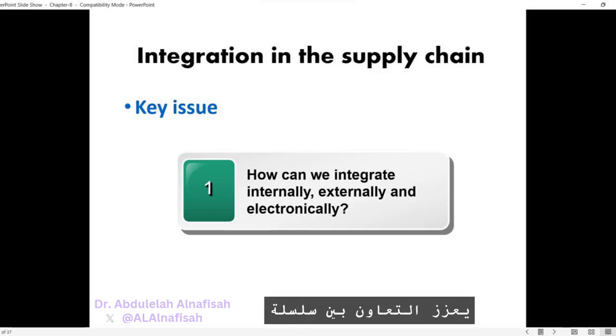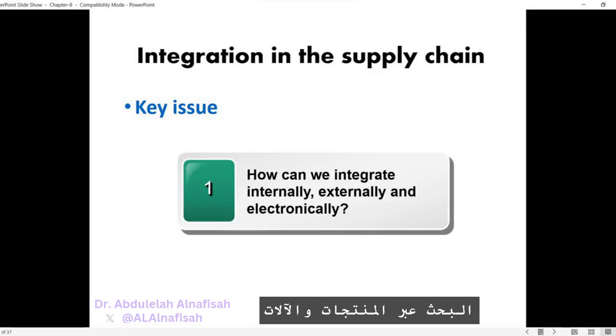P&G fosters collaboration between commercial and supply chain teams, ensuring alignment and value delivery to end customers through shared metrics and continuous improvement. These principles underscore the significance of both internal and external integration in the supply chain, encompassing communication channels, shared systems, and collaborative relationships.